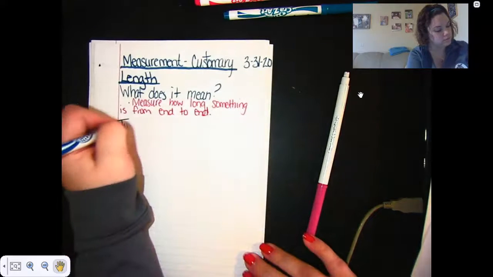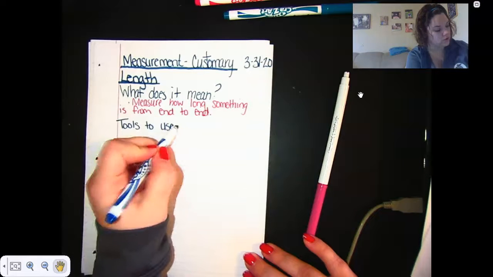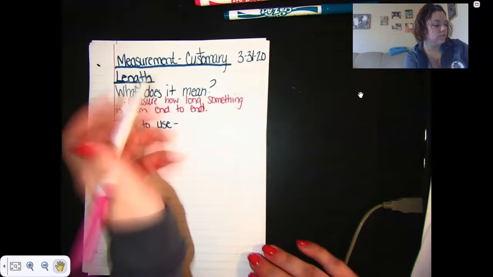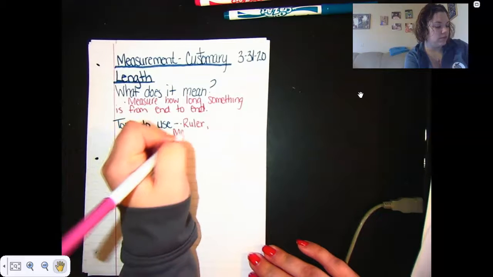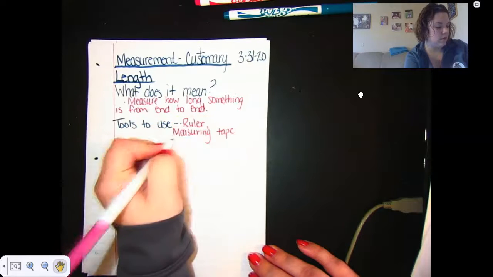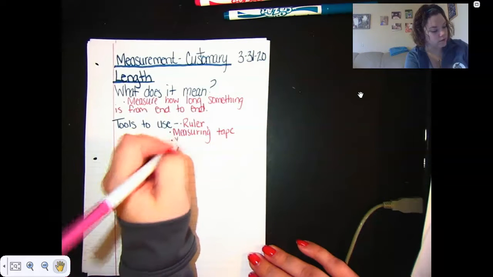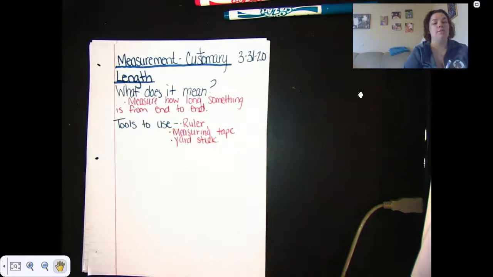So tools to use would be a ruler, a measuring tape, or a yardstick. Now, part of what we're doing for our measurement in 5th grade, we won't measure things exactly.